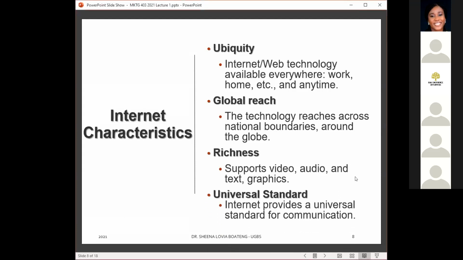Another characteristic we can talk about is the universal standard of the internet, which helps to drive marketing activity.